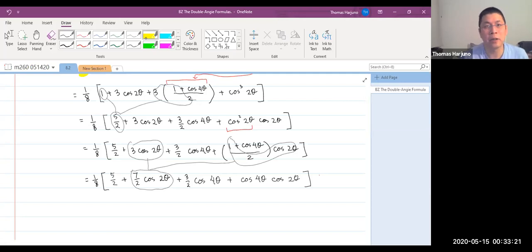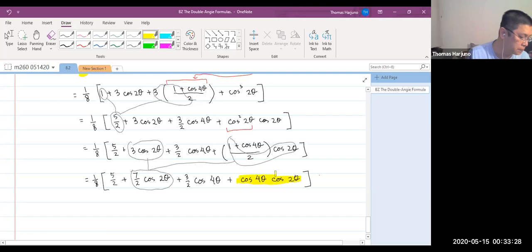Now the last step here, unfortunately, I need to borrow from something we should have learned in the next section. But you can see this formula.